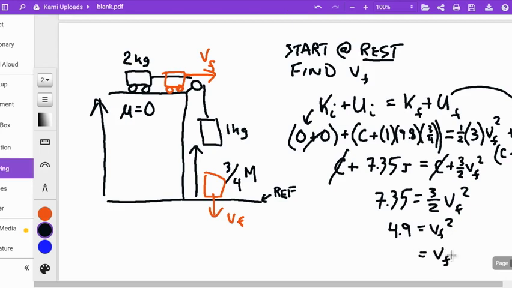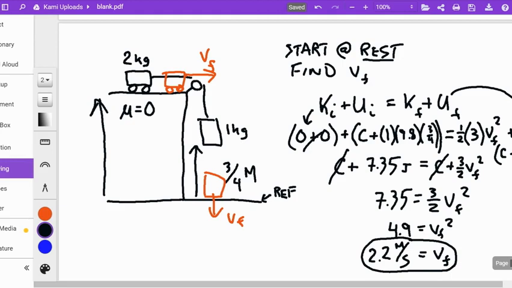And of course, the last step is to take the square root of that, and I get 2.2 meters per second. That would be the final velocity of the system, so both objects end up moving with that speed.